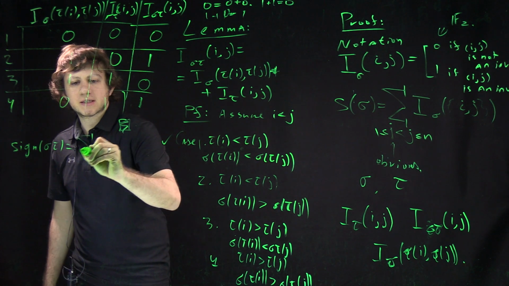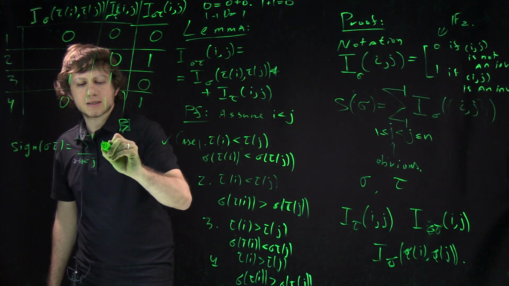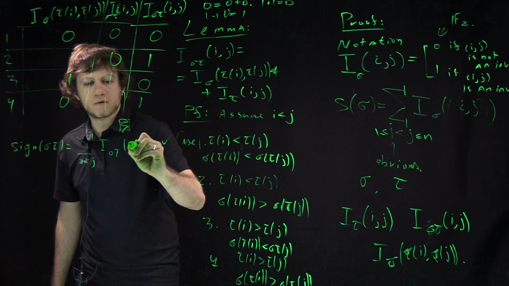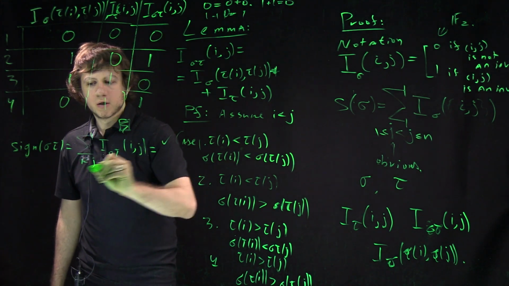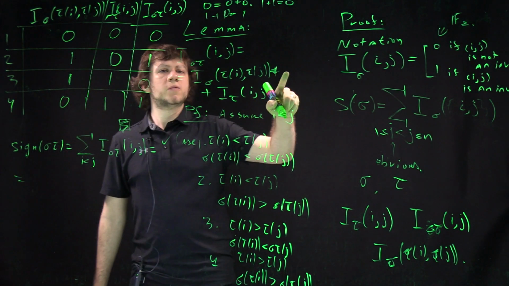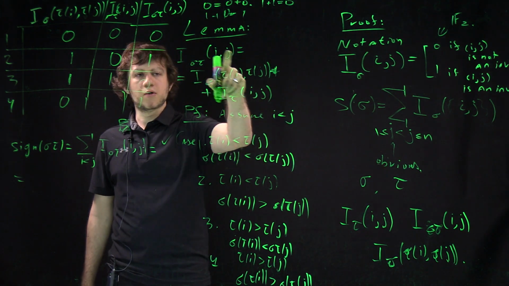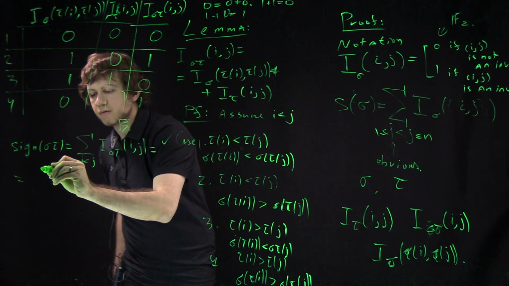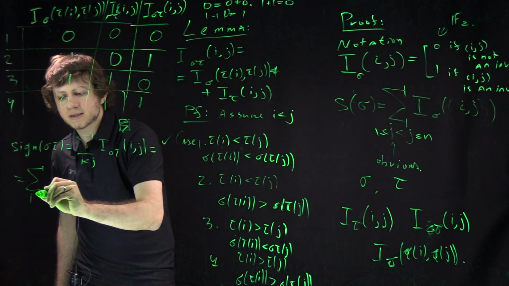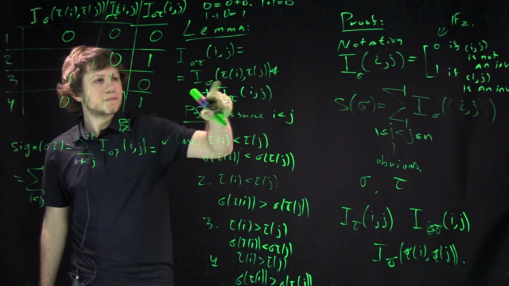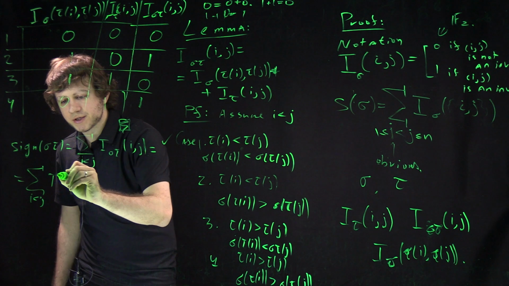it is just equal to the sum over i less than j of I sigma tau of ij, which is equal to the sum over i less than j of I tau of ij.